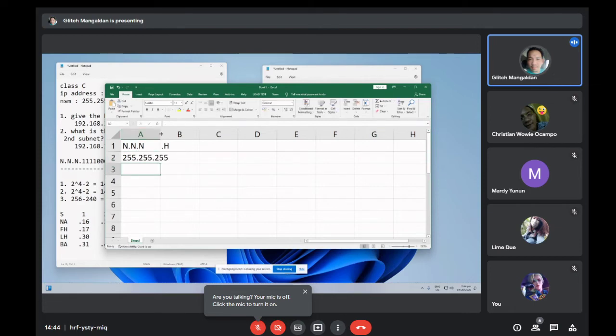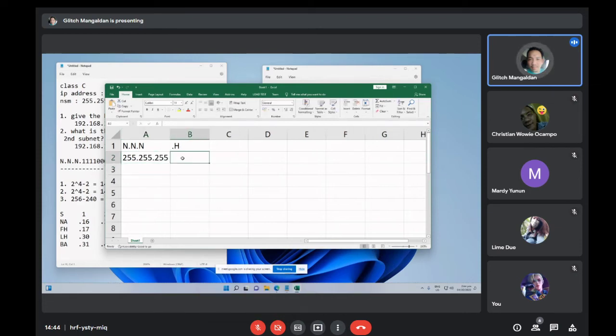Then yung H, ilang zero ang represented nito? 1, 2, 3, 4, 5, 6, 7, 8. Walong zero. Okay? Paano ba natin susulat kung walang zero? Ito yung tatlong N, ito yung H.